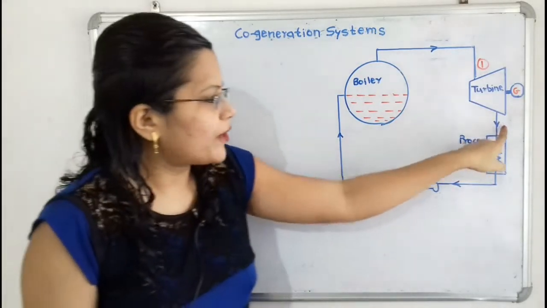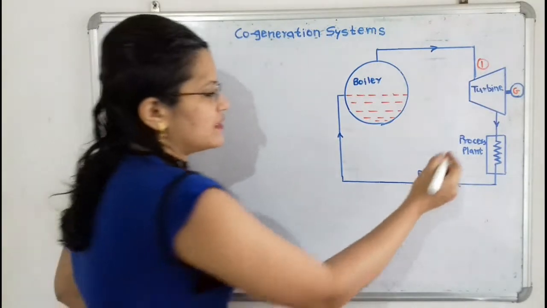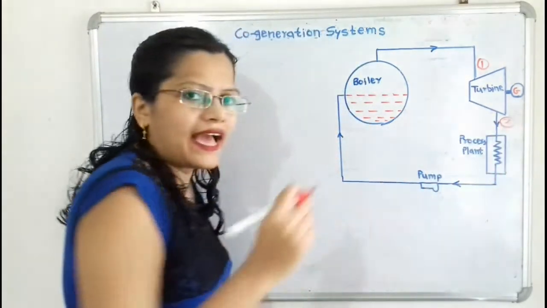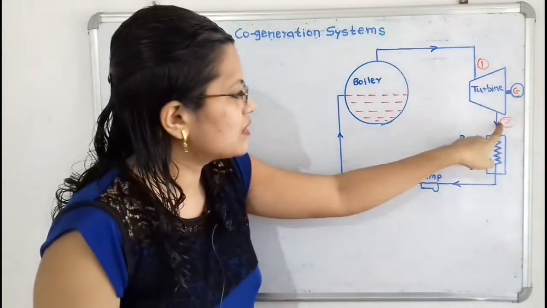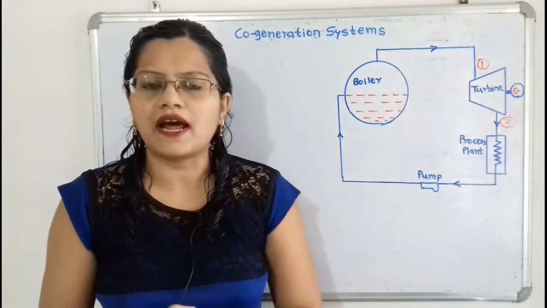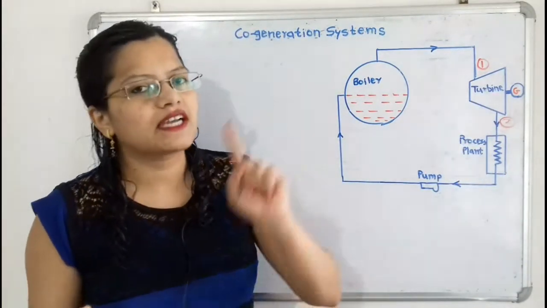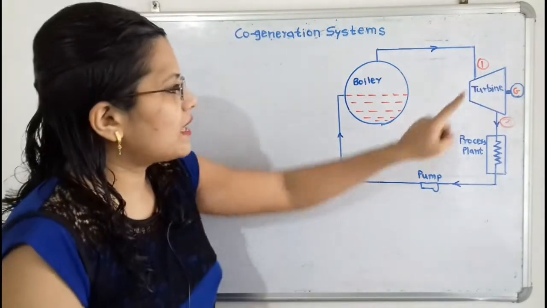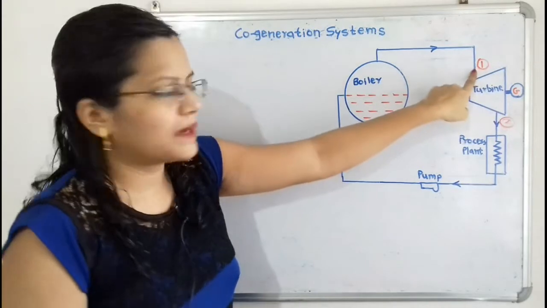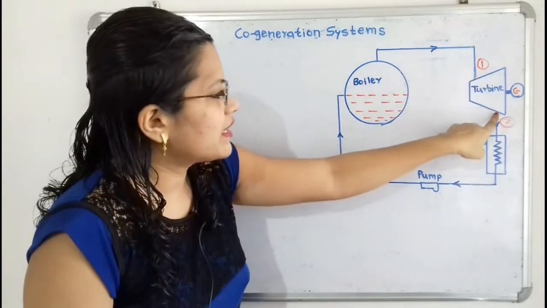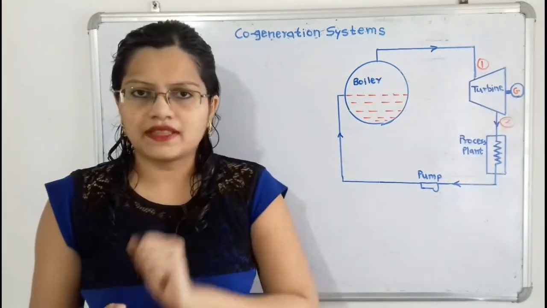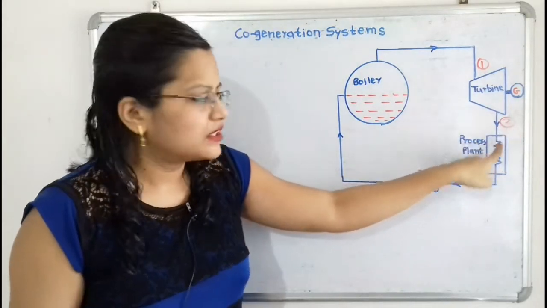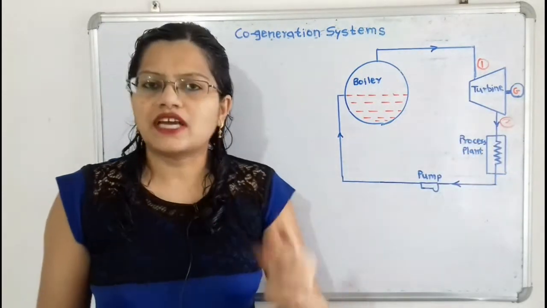At point 2, the outlet of the turbine, the enthalpy of the steam and water mixture is provided to the process plant, and the whole steam is converted into saturated water. So the enthalpy before entering the turbine is H1, the enthalpy at the outlet of the turbine is H2, and this steam and water mixture is converted into saturated water.